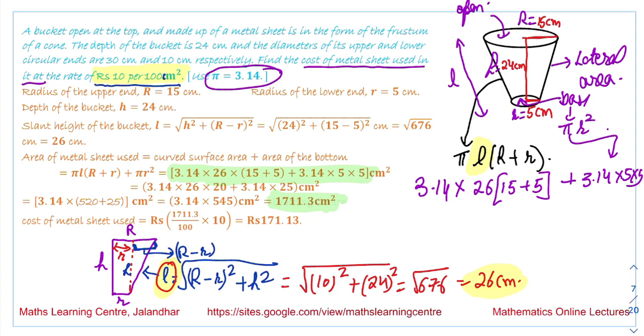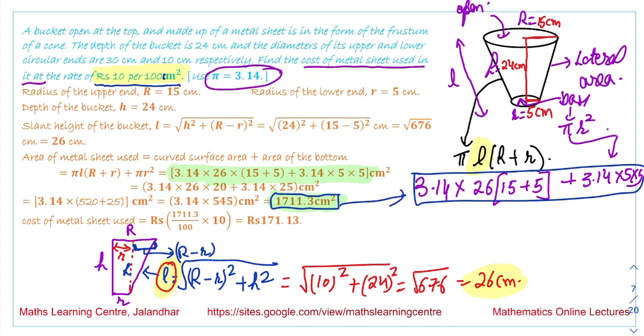When we solve this, the final answer we obtain is 1711.3 centimeter square. Now the next thing given to us is that the cost of metal sheet used in it is at the rate of rupees 10 per 100 centimeter square.